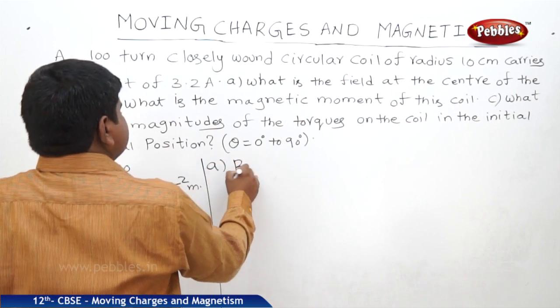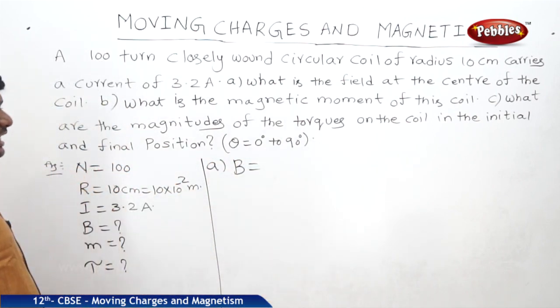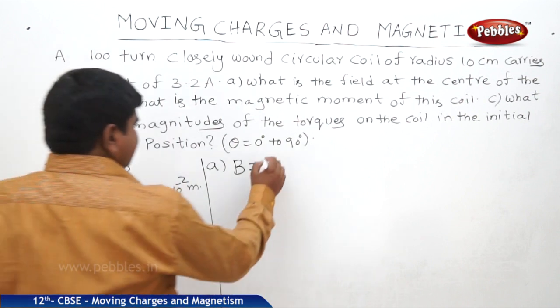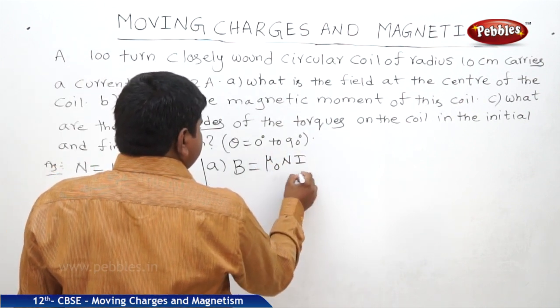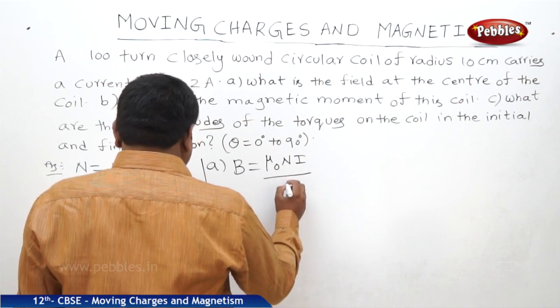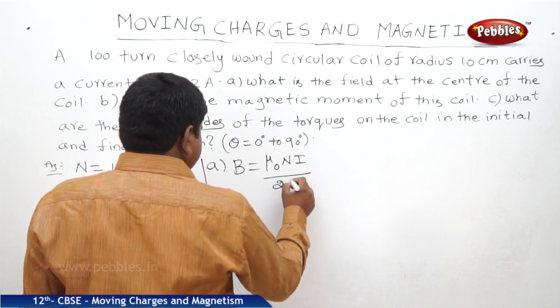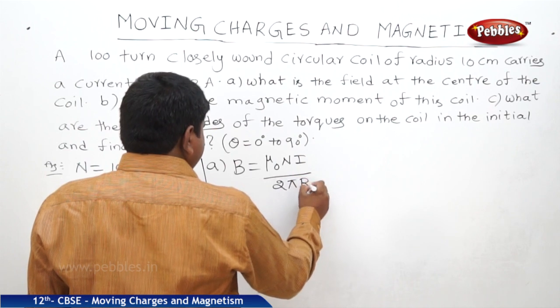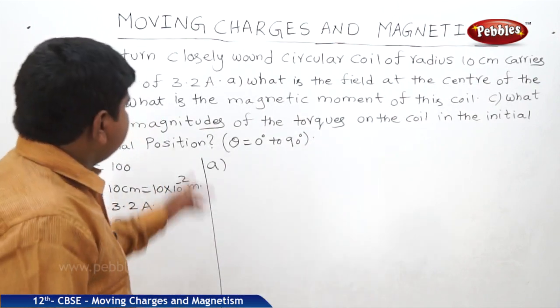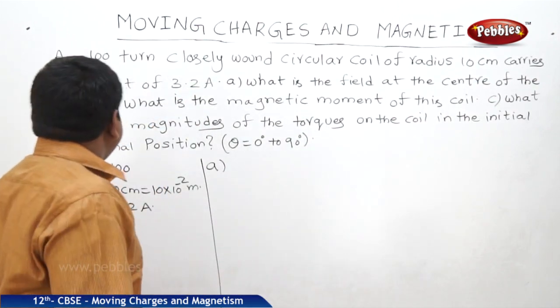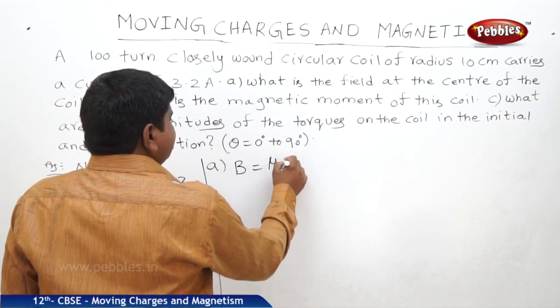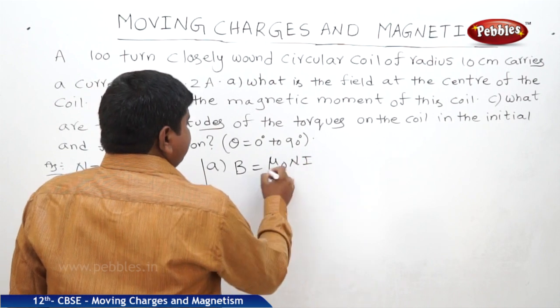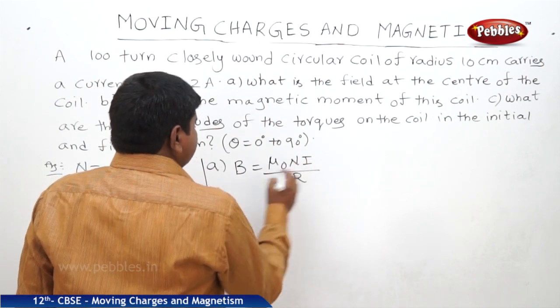What is B? Field at the center of the coil. The expression is mu naught N I by 2 r. See the first problem, what is the field at the center of the coil? Therefore, B is equal to mu naught N I by 2r.